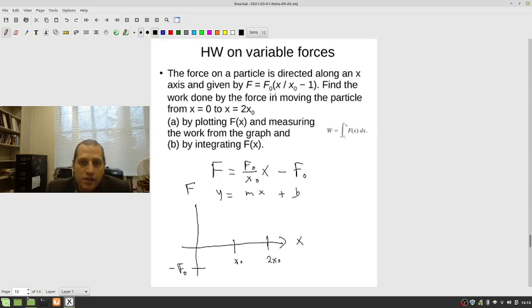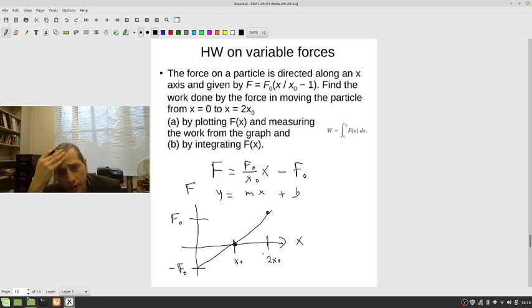In this case, my slope is going to be rise over run. So if I'm going up F naught over x naught, there I go, up F naught over x naught, there I go. All right, so that's my force versus distance plot.